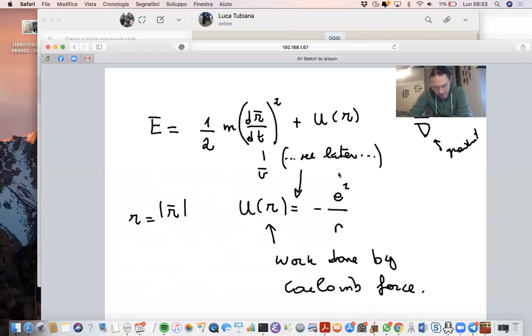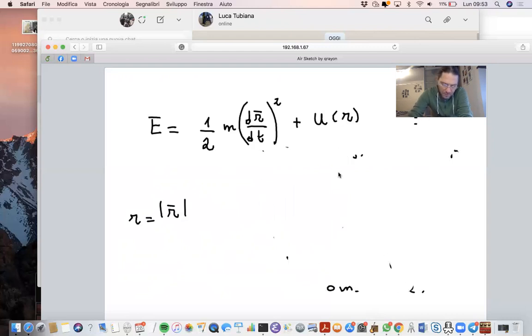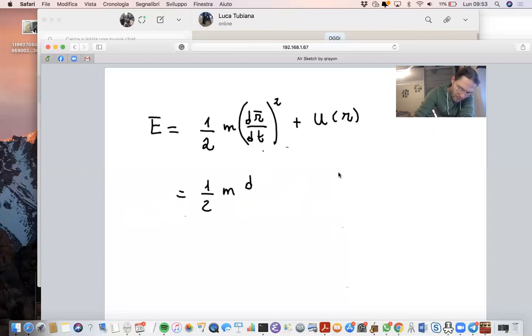Okay? So, this is my mechanical energy. The mechanical energy will be this. So it is going to be 1/2 m dr squared dt squared.